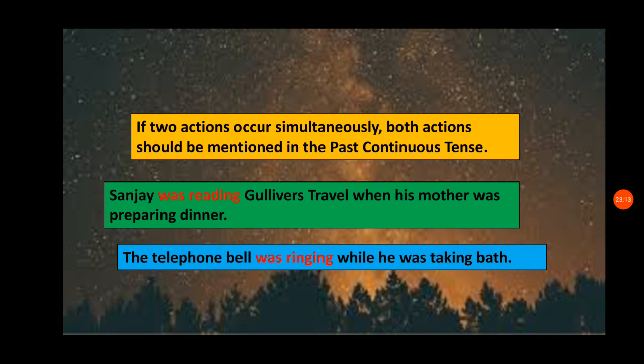Gulliver's Travels is a book written by Jonathan Swift, about strange people and strange islands. So he was reading the book, and at the same time his mother was preparing dinner. Both events were going on continuously at the same time, simultaneously.